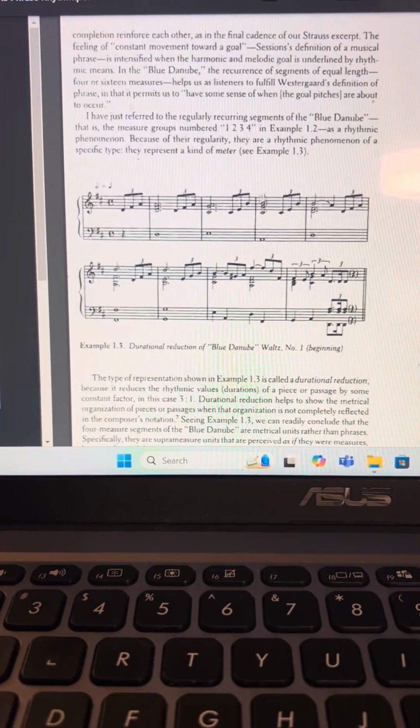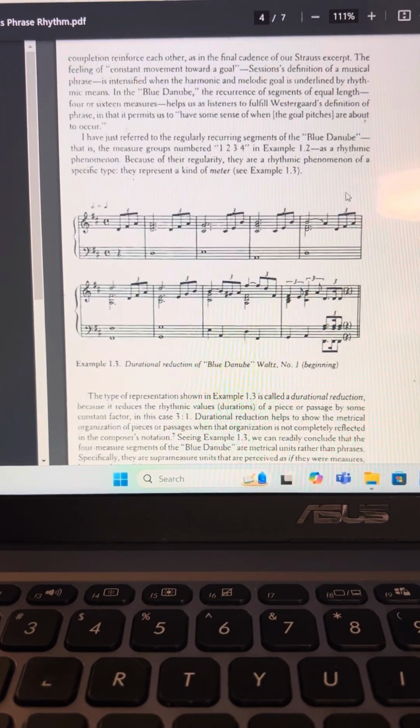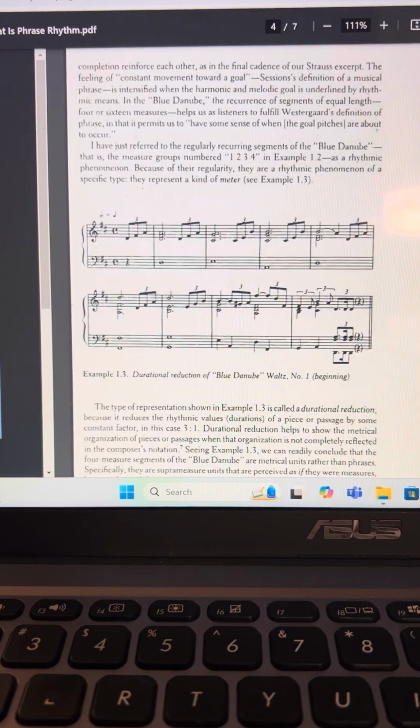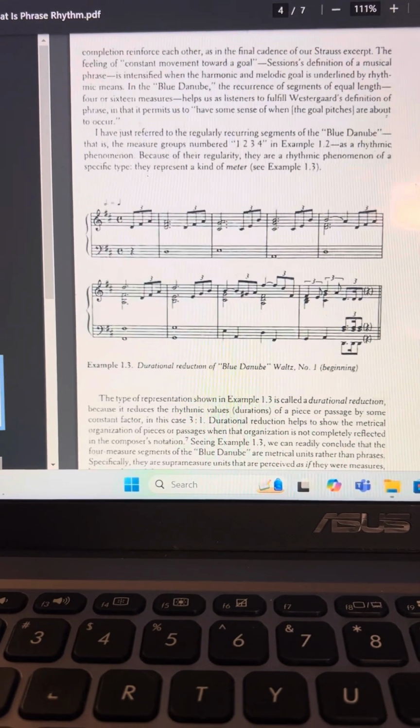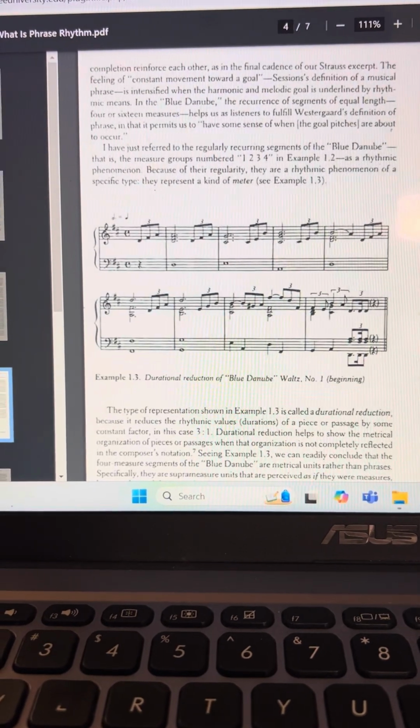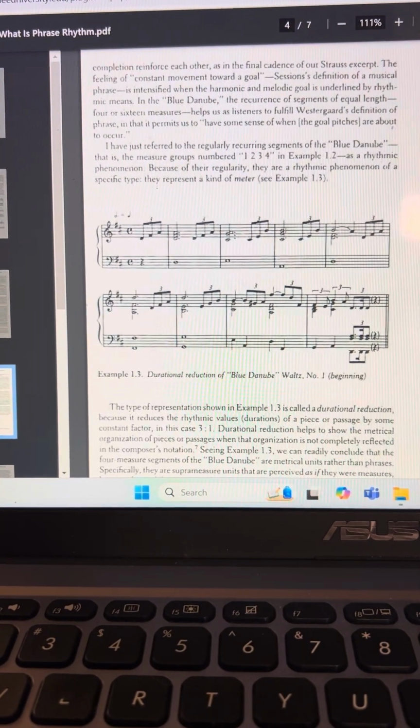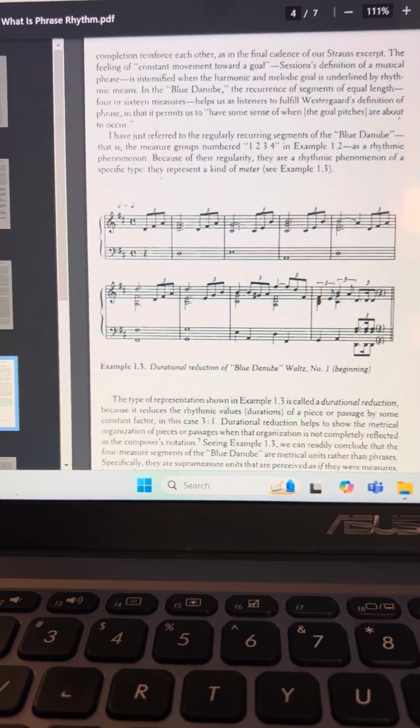This durational reduction is a way of demonstrating hypermeter, or hypermeasure. In this case, a hypermeasure is being condensed to one measure.